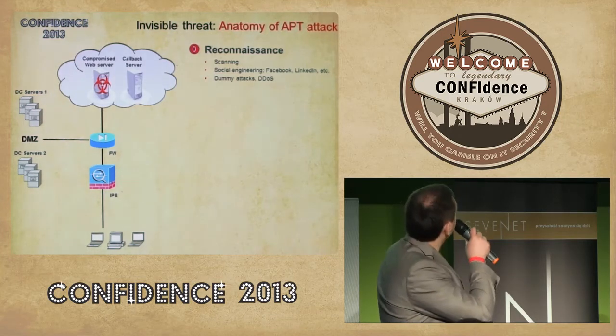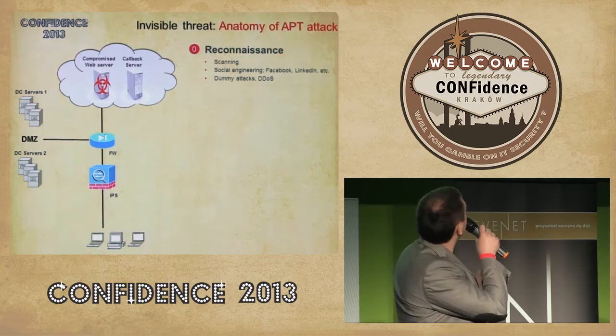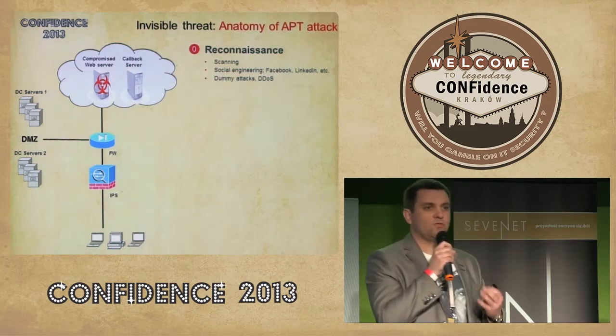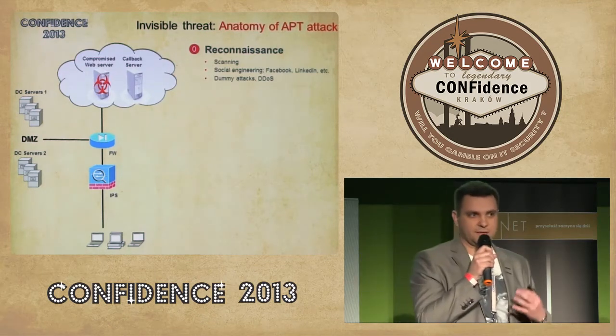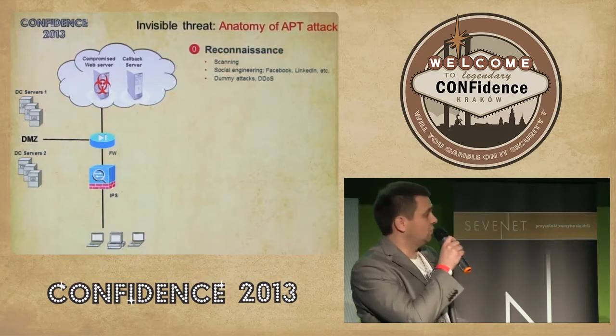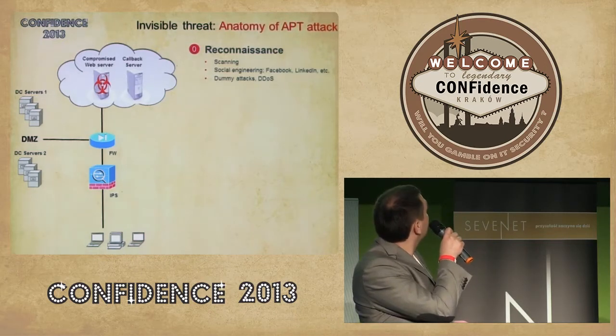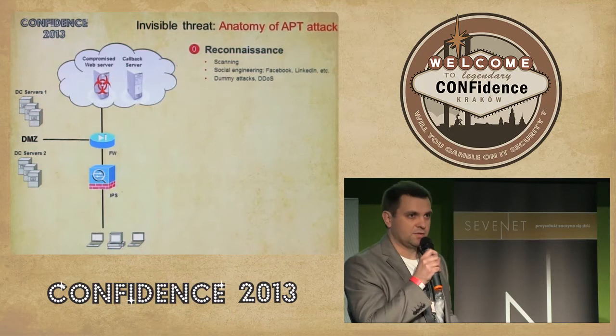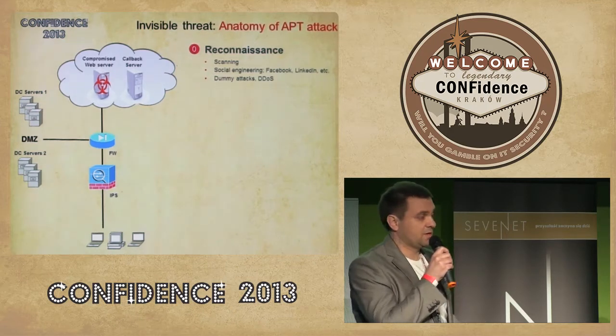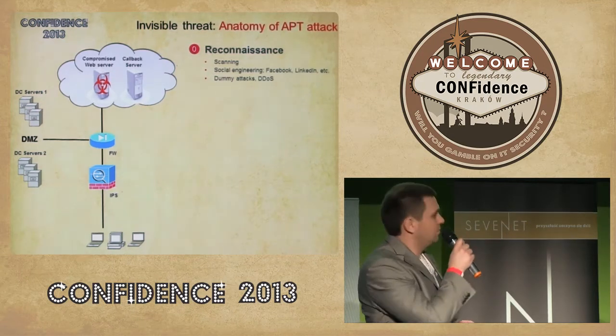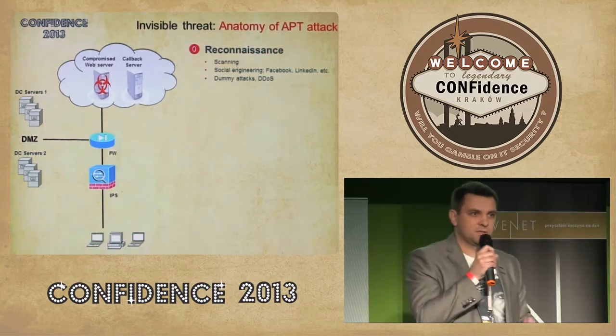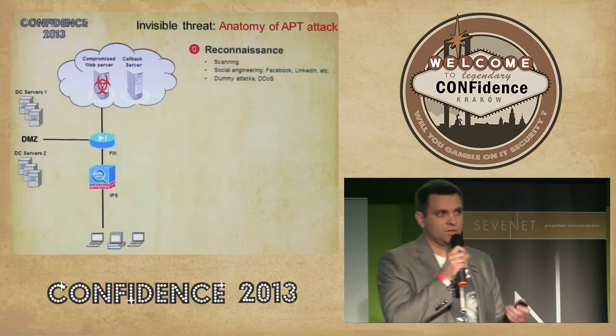So from where and from which phases could such invisible APT attacks start? It could be, of course, reconnaissance. This is the zero phase of the invisible attack. During this phase, we observe scanning activities, probably Nmap scans, but not only. Attackers are mostly using social engineering these days.